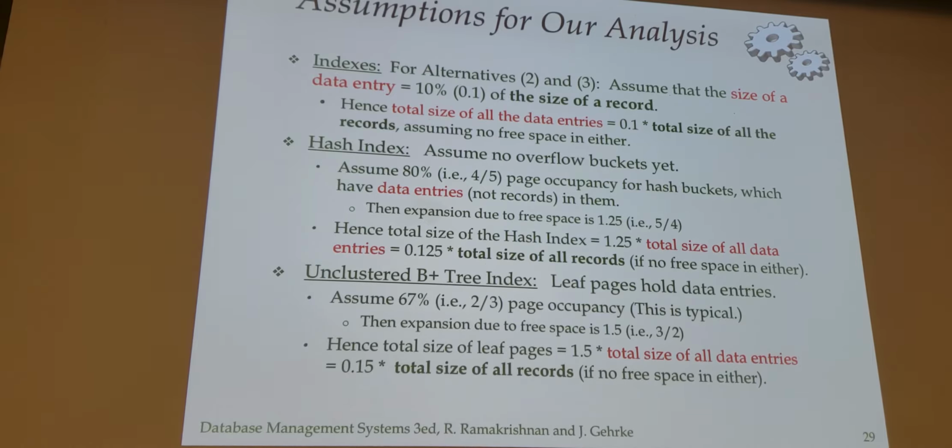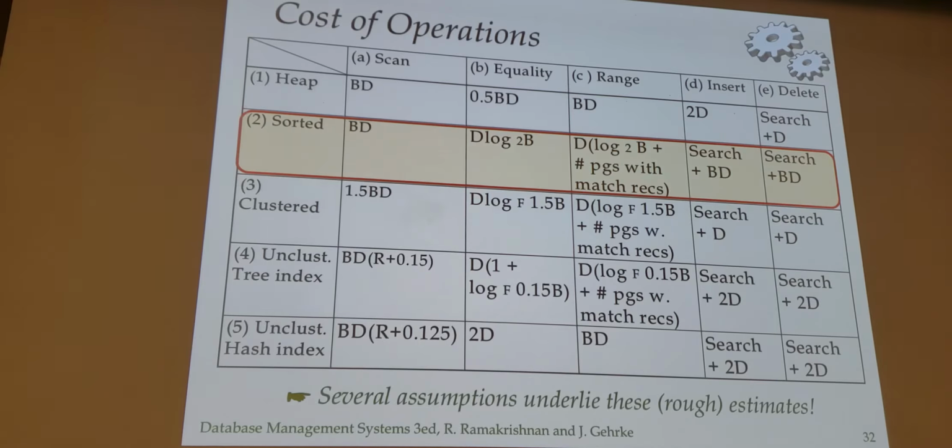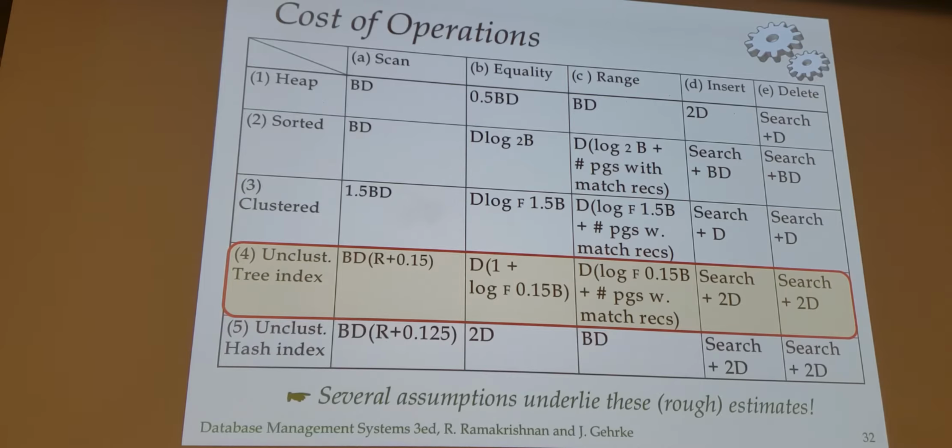The 1/10 because the data entries are 1/10 the size of the records, and the 1.5 because you have a blow-up because the pages are only 2/3 full, and the inverse of 2/3 is 3/2 or 1.5. So the cost of just walking through all the leaf pages of the index is going to be 0.15 times B pages, and each disk read is going to cost D. So it's 0.15 times B times D.